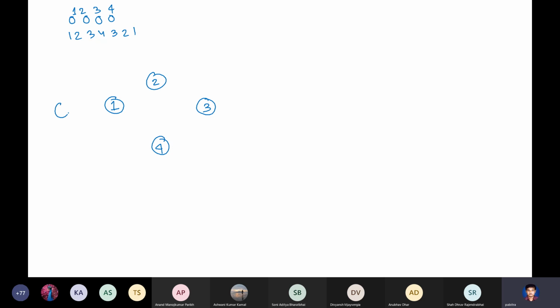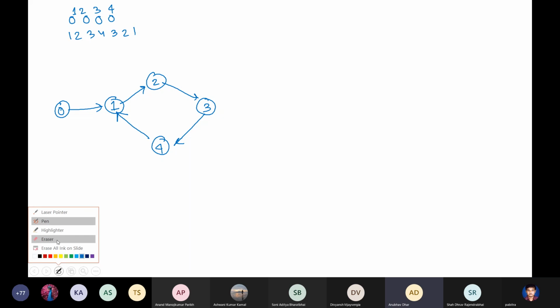So you need 4 states and maybe a dummy state. Yeah. So what would be the sequence? But from 4 I need to go back to 3. So this is not correct.